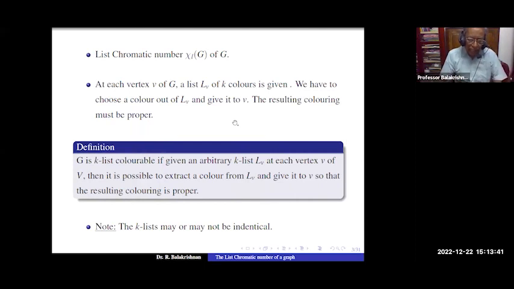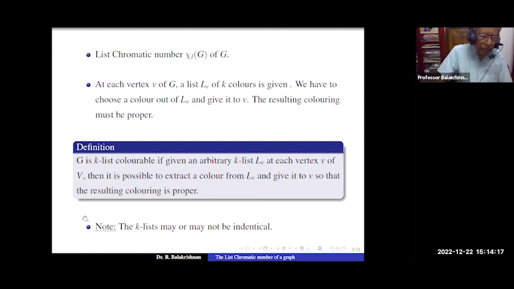Then you get n colors, and it so happens that adjacent vertices receive distinct colors. But that is uninteresting. What is interesting is you want to have the minimum number of colors required to color the vertices of the graph so that adjacent vertices receive distinct colors. Well, that minimum number is the chromatic number of the graph.